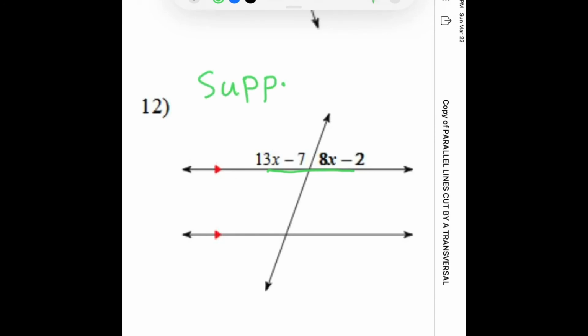They are not one of the 6 words that we clarified in part 1. So we are still going to treat it as though we did it in number 7. We're going to take 13x minus 7 and add it to the other angle, which was 8x minus 2, and set it equal to 180.